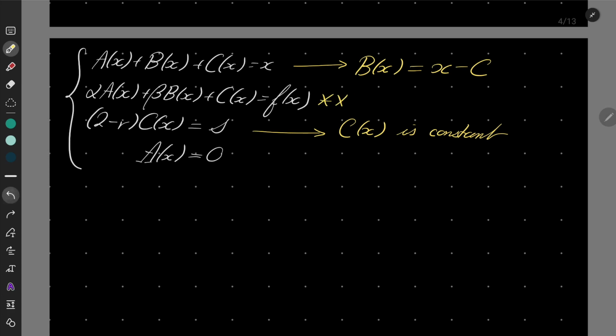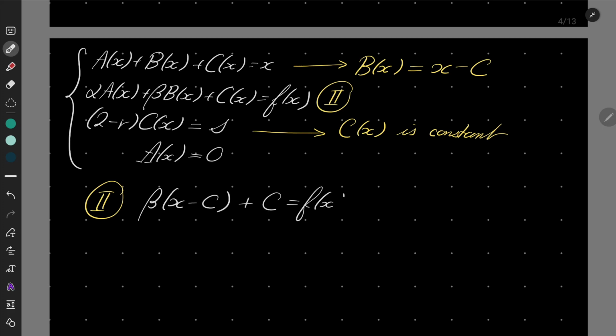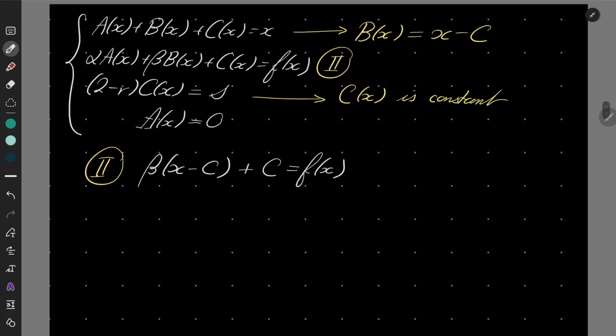And let's take our second equation, I will write it as Roman 2. This is 0. We have beta times b of x, which is x minus c, plus a constant, equals f of x. And that means that our function must be affine, because it's some constant times x minus some constant plus c.